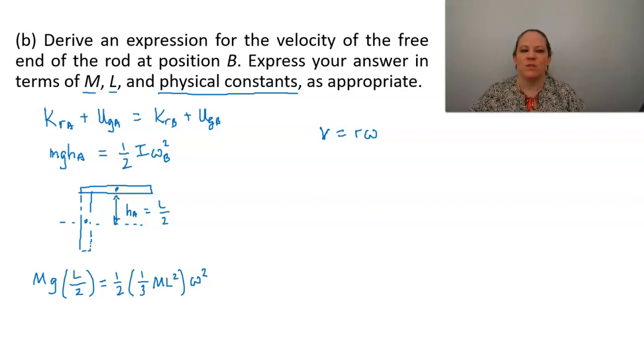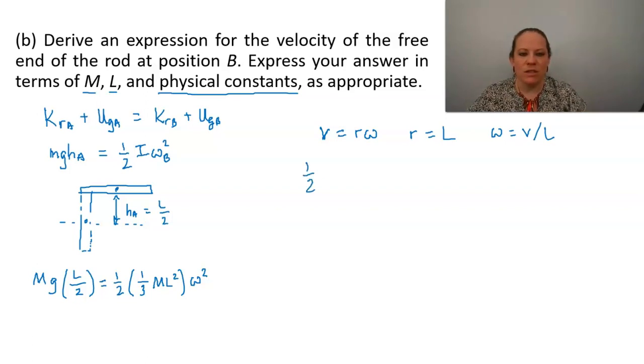So we have to make a substitution. R, the radius of the path for this rotational motion, will be equal to L. So we can say that omega is just going to be V divided by L.